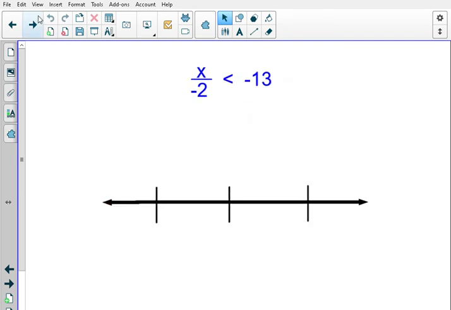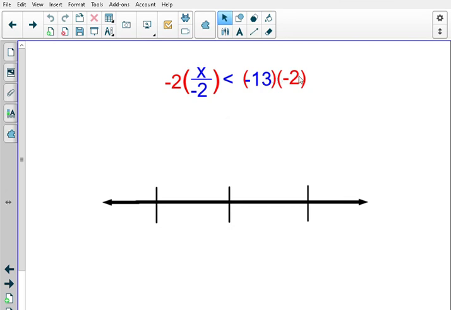One more. On this one, we have two negatives in it. Let's see what happens. We have x divided by negative 2 is less than negative 13. The inverse of dividing by negative 2 is to multiply by negative 2. When we do so, this is going to cancel out, leaving us with x.